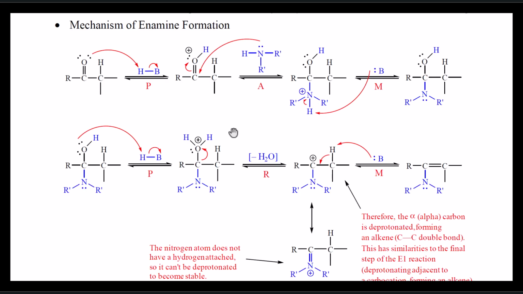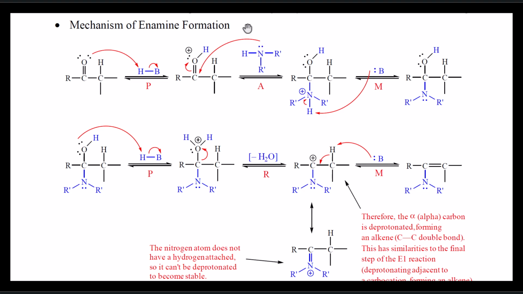We're going to break the mechanism down into three parts, actually. In the first part, we're going to look at just the mechanism of the enamine formation. This is essentially a modified PADPED mechanism. We start with the ketone. Our first step is to protonate the carbonyl oxygen.